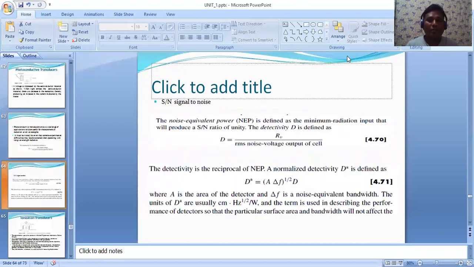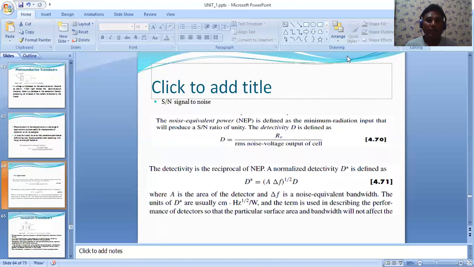Then we find the noise equivalent power, that is NEP. Why do we use the noise equivalent power? Suppose we measure the energy using the ammeter. Any noise that occurs in the instrumentation is defined by NEP.